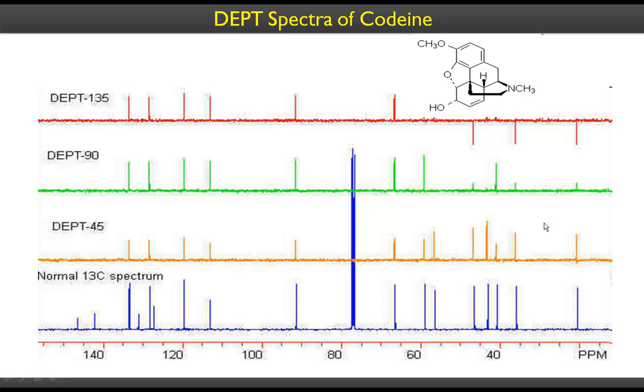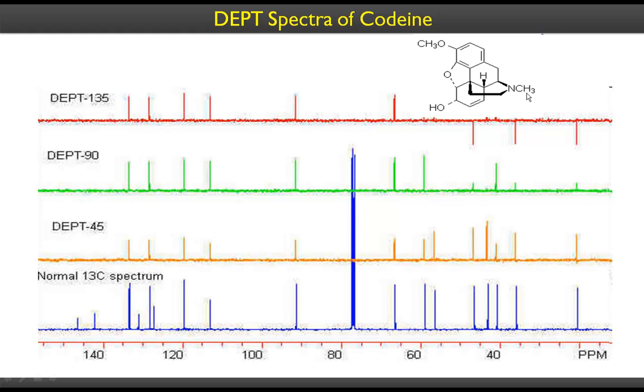The methyls are the ones which are towards the positive side of the DEPT 45. So you see something that is on the positive side, and there is one here. It's pretty overlapping here probably. How many methyls do we have? 2 methyls, right? One CH3 and the other CH3.